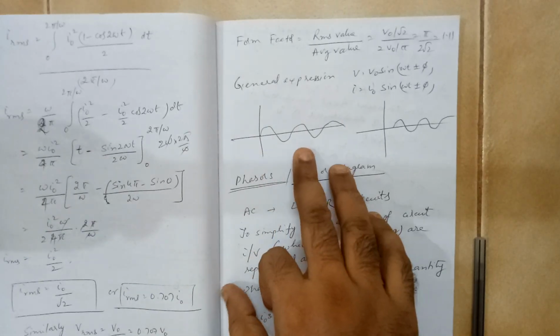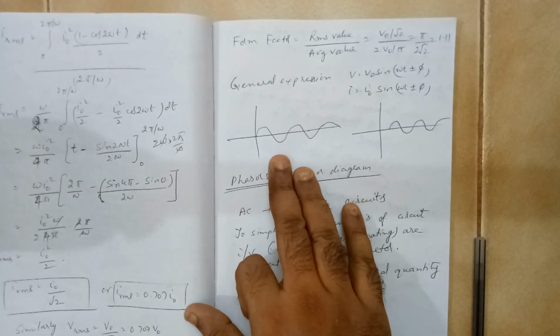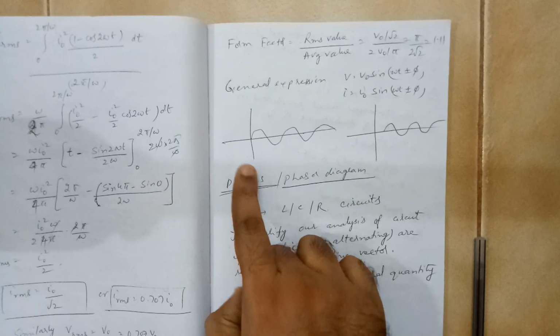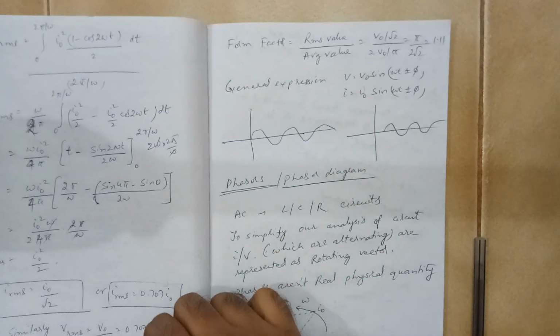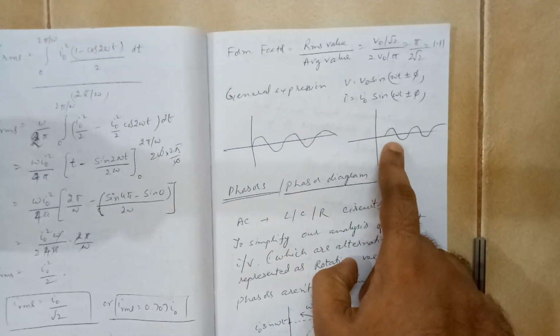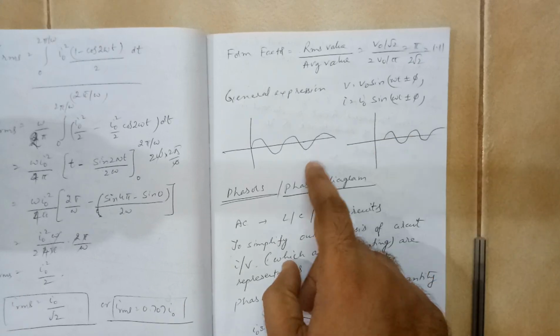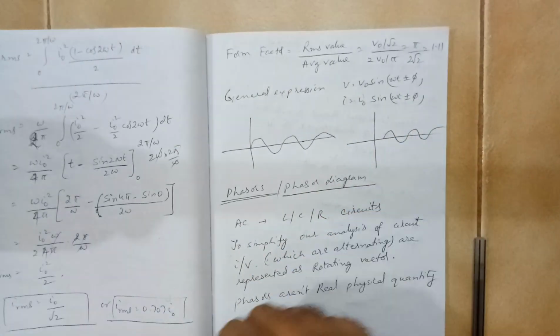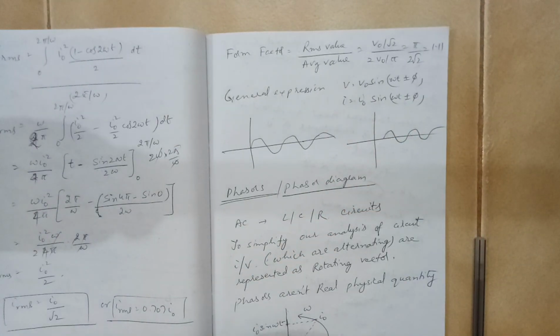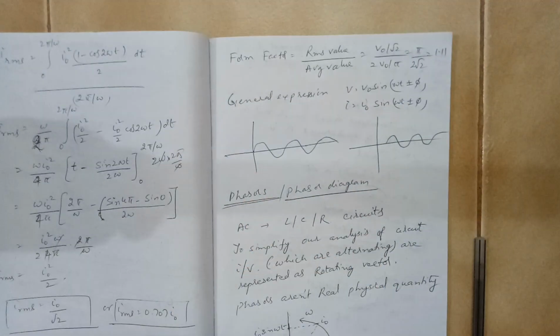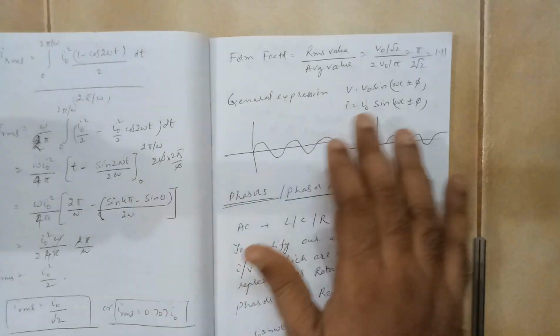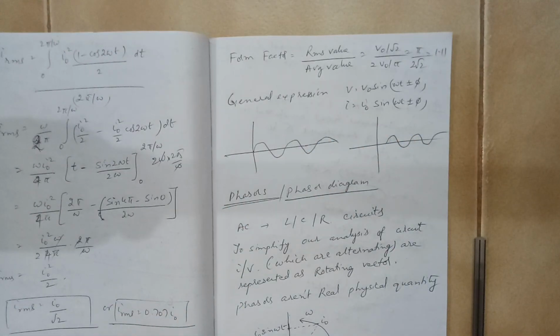See, alternating voltage will look like this. Okay, if it is starting from 0, there is no phase. But let us say it is starting somewhere else, either on the positive side or on the negative side. Then you need to consider the phase value also. Okay, so this is the most general form of writing this. So in this case, only the phase value is 0. Okay, this is the general expression. Whenever you see some questions, you will find it is written in that format.